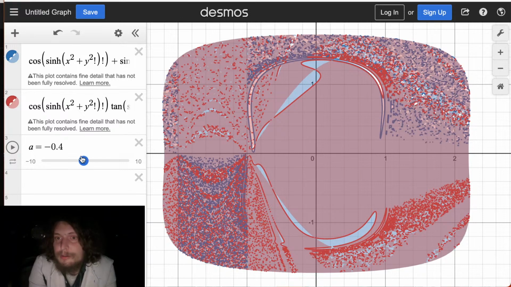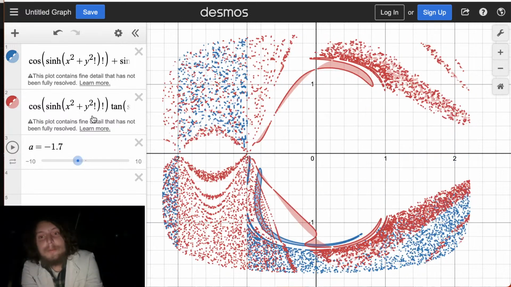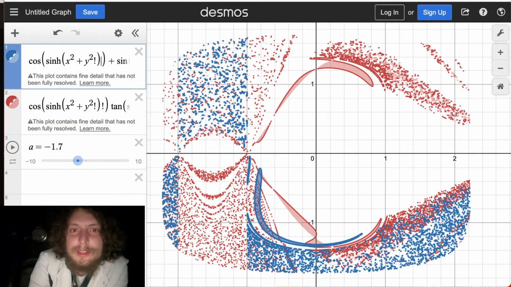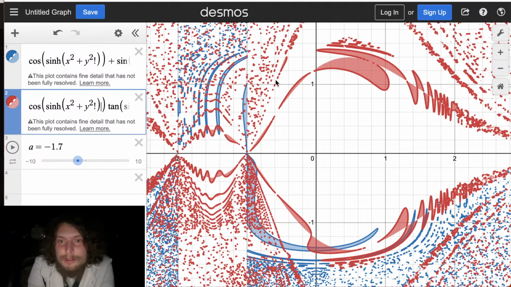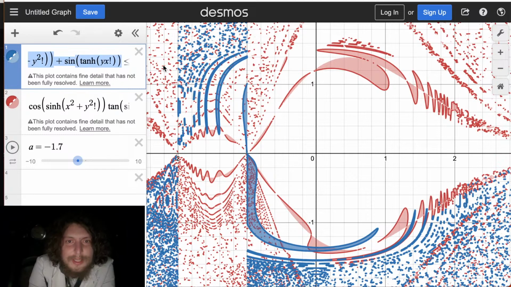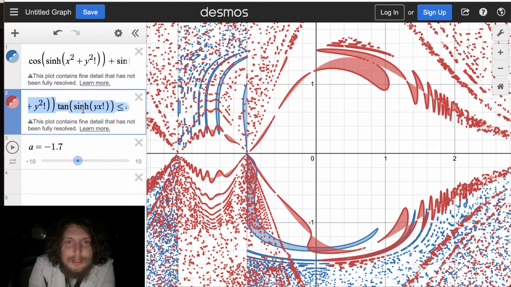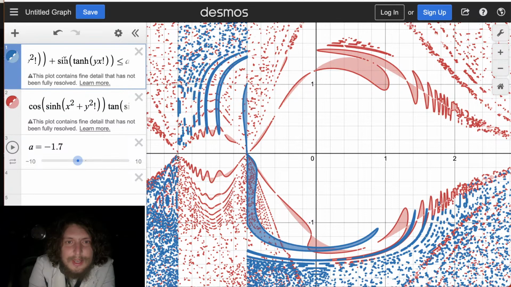Okay, so these are cool. Now we're going to change it a bit. What if I took out this one and only had it in there? Okay, now we're not stuck in the same shape. So this actually changed something here. Oh no, wait. This guy got changed from there. Tan sine. This one was sine tan.